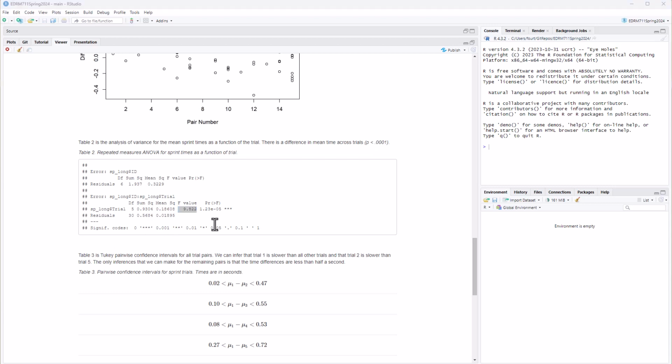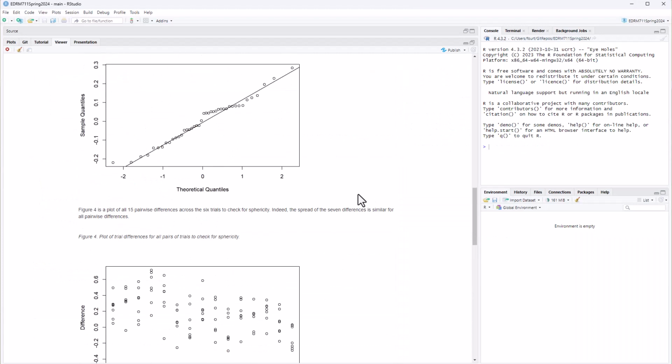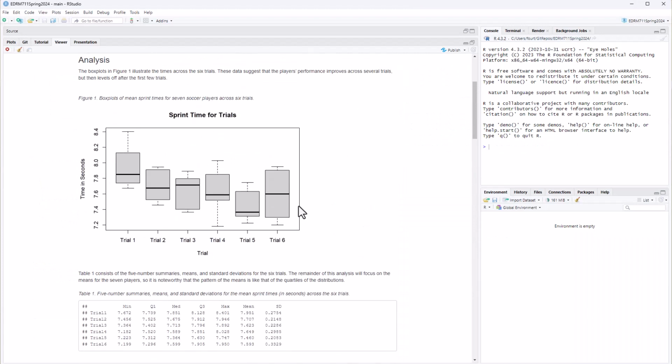In order to be able to go over here and look at that p-value and know that it means something, we have to consider the assumptions for valid inference. The first assumption is independence of units within a factor. So if I go back and look at those box plots again, what I'm saying there is that all of the units that make up this first box plot have to be independent of one another.